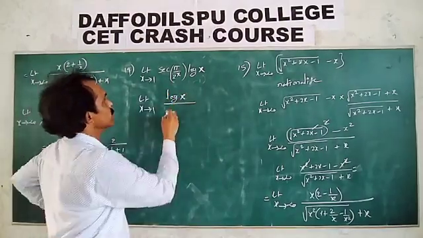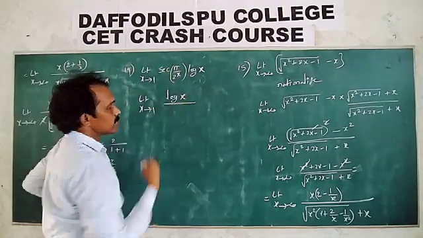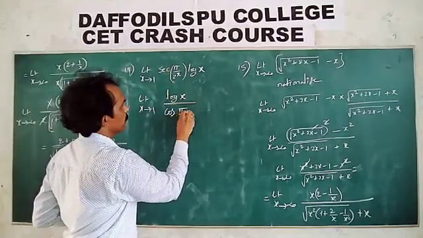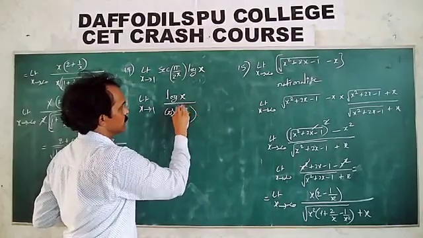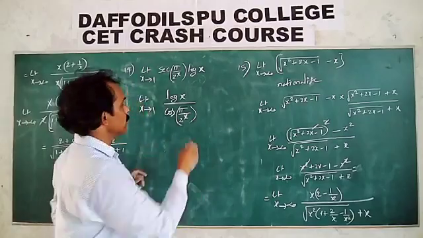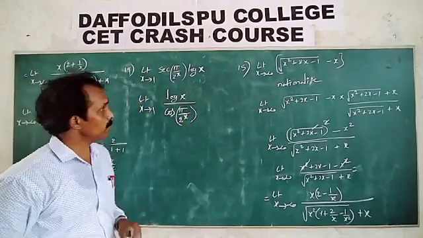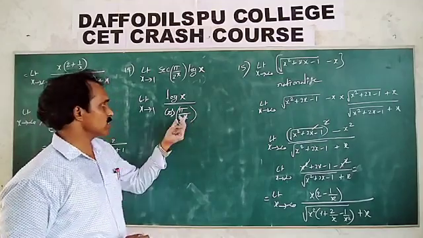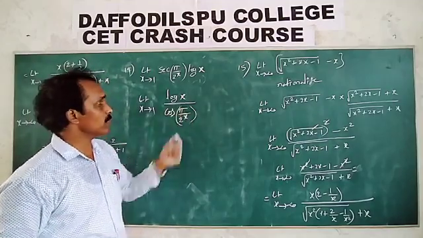log x over secant, the reciprocal, cos of pi by 2 power x. Log x over cos of pi by 2 power x. Now substitute: cos 90 value is 0, so something by 0.